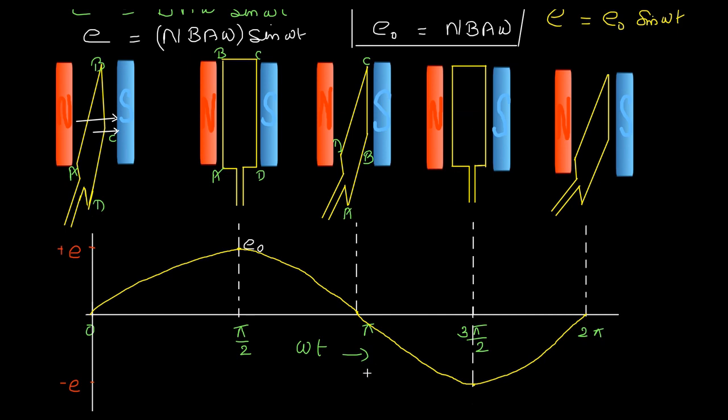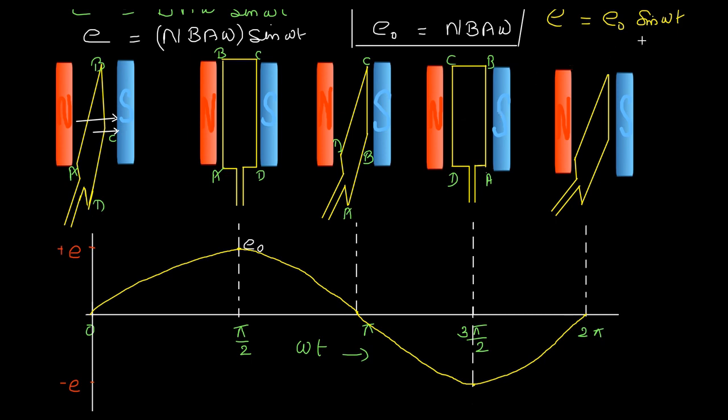So the conductor AB was here. Now A has come here, B is here, and this is C, and this is D. So here also we can see the angle between magnetic field and area vector is 90 degrees.